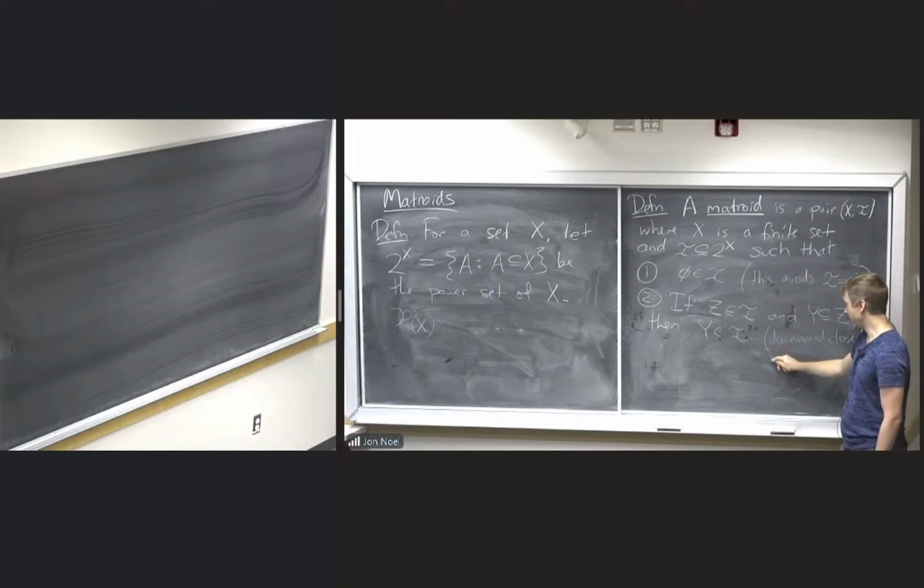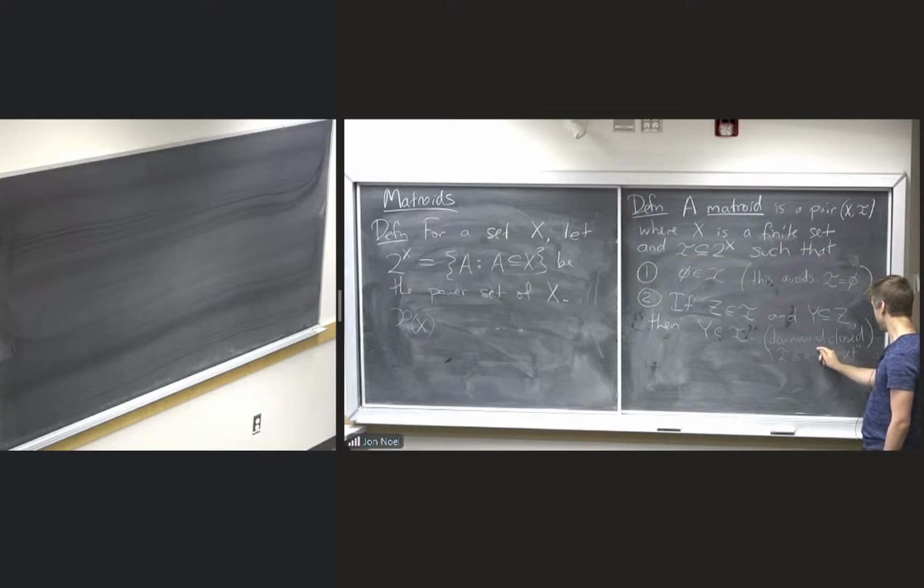Sometimes people will say I is a down set. A down set just means a collection of sets where if you take something in it and take a subset, it's closed downwards.